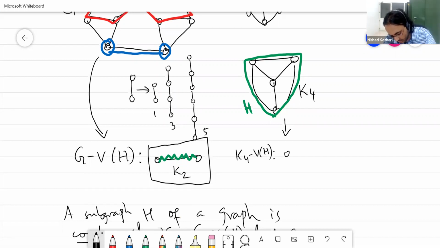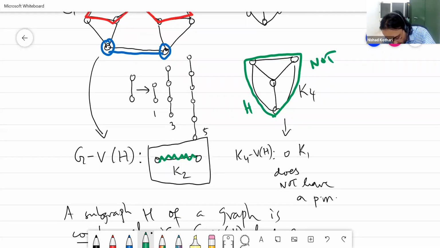This is K1, does not have a perfect matching, because there are no edges, so there cannot be a perfect matching, right? So this green colored subgraph is not conformal.